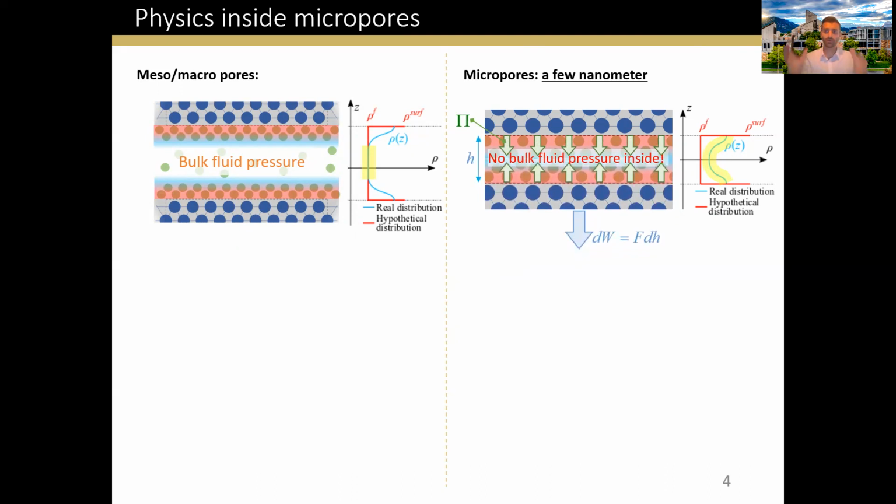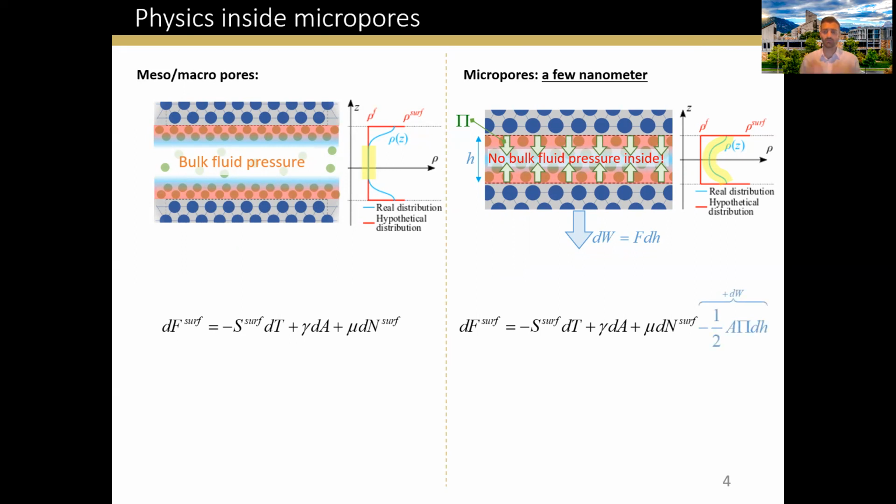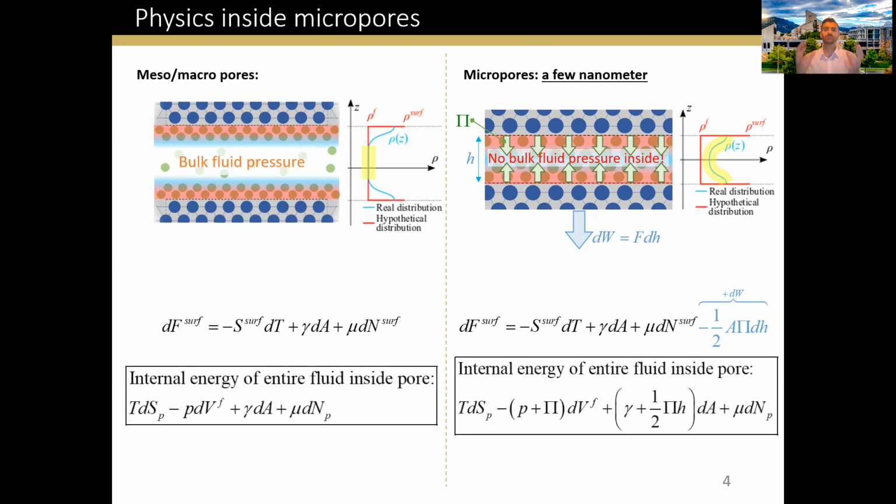In order to incorporate all of this into our pore mechanics framework, we take the free energy of the surface phase in the larger pore and we add to it the additional work that's necessary in micropores. If you follow through the thermodynamics, you can derive the internal energy of the entire fluid inside the pore and compare that with the case of the larger pores.